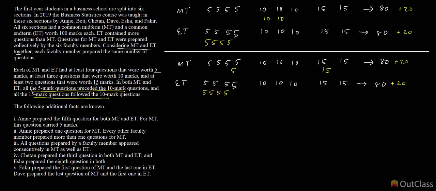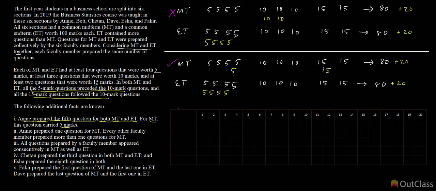And it is given that Annie prepared the 5th question for both MT and ET, and for MT it was a 5 mark question. So there should be at least 5 mark questions in MT, and that is satisfied by this case but not by this case. So we can reject the one on top and we can fix the one on the bottom.